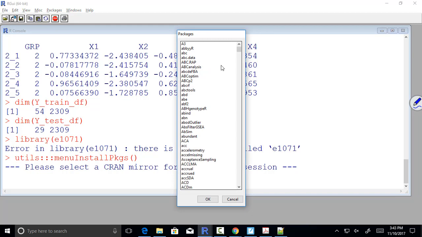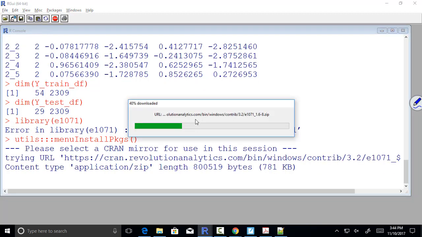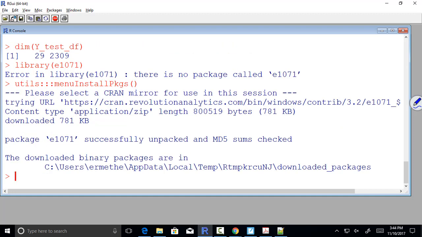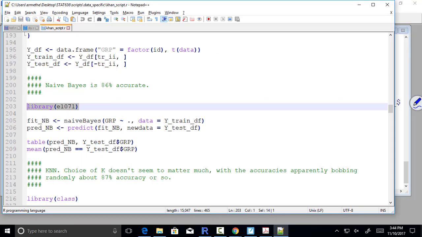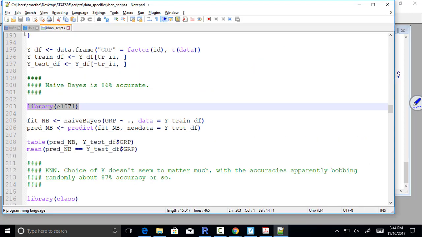It's called e1071. All right, so I libraried that in.